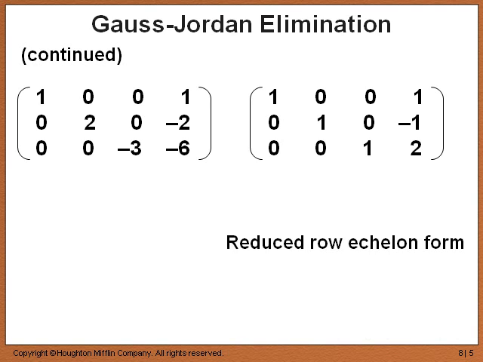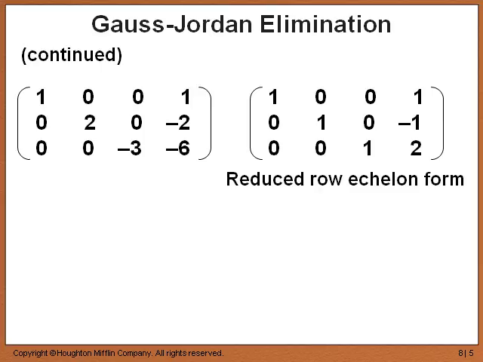And so I end up with this reduced row echelon form matrix: 1, 0, 0, 1, 0, 1, 0, -1, 0, 0, 1, 2. And I can conveniently read the values for the variables straight off of the matrix. So z equals 2, y equals -1, x equals 1.